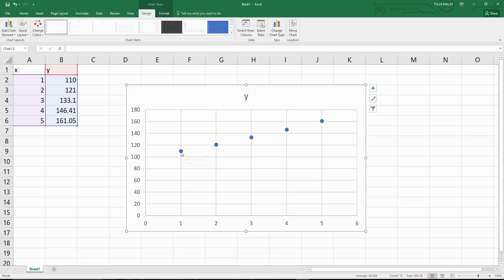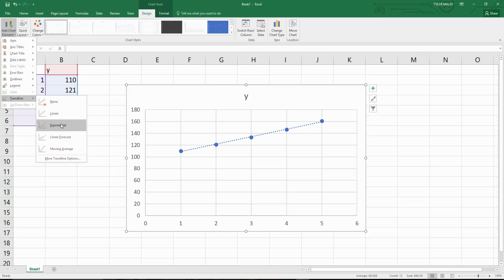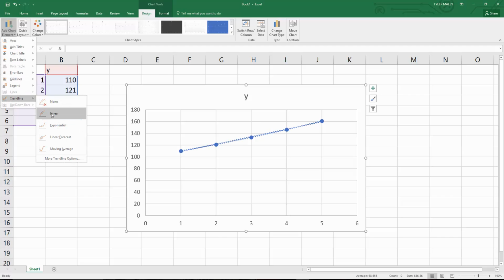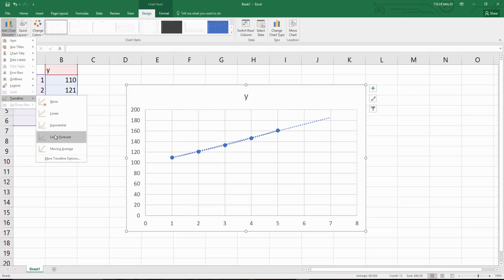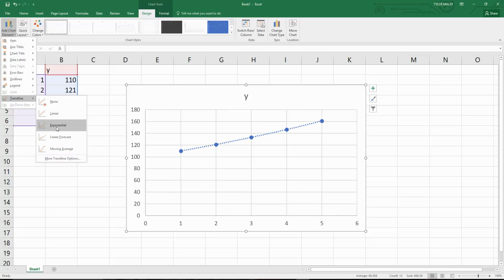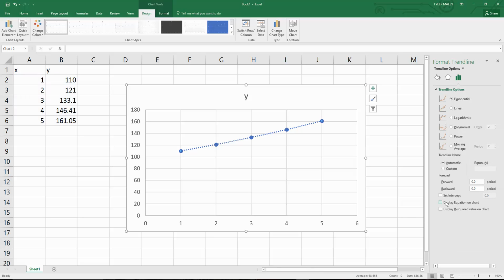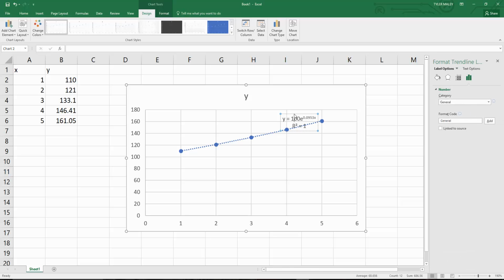If I add a trend line, if I go to exponential, you'll see it's perfect. If I went to trend line linear, it may look perfect, but we know a little more. We know it's going to be perfect exponential. So I can add display equation on chart and have an R value, and here's what the output is.